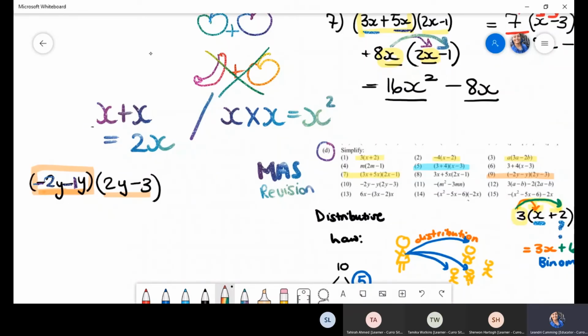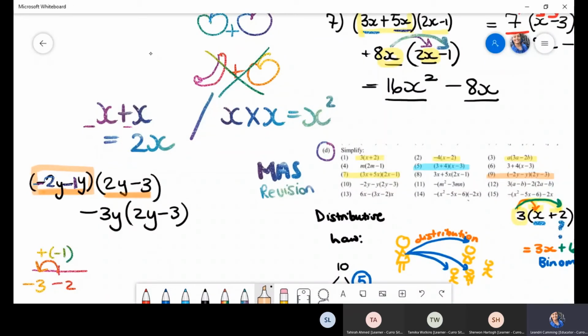Now instead of adding a positive and a positive, I am adding negative 2 with a negative 1. So I am becoming very negative because I've added a negative 1. Adding a negative 1 makes you colder. According to our temperature line, we're moving into the negative field to the left. So this leaves me with negative 3y bracket 2y minus 3. I keep this bracket right here next to the result of minus 2y minus 1y. There is no multiplying in my first bracket. There is no product happening here, purely simplifying by adding the negatives together.